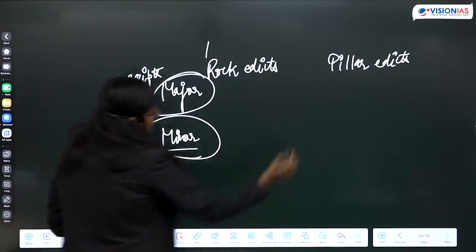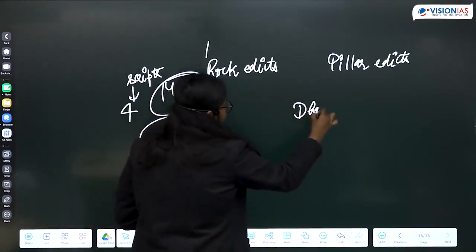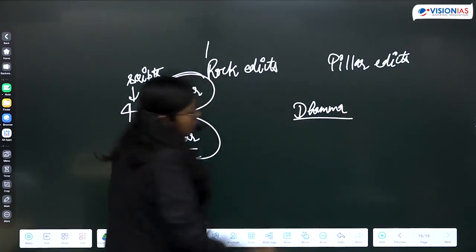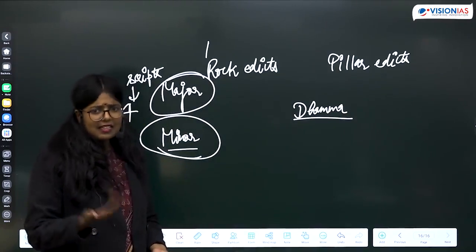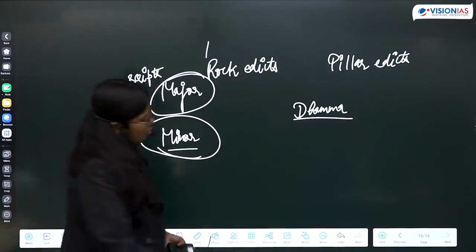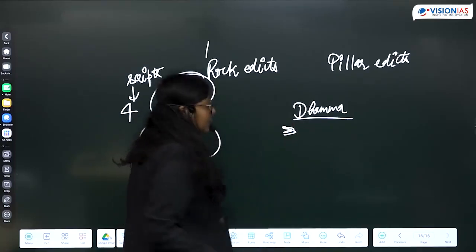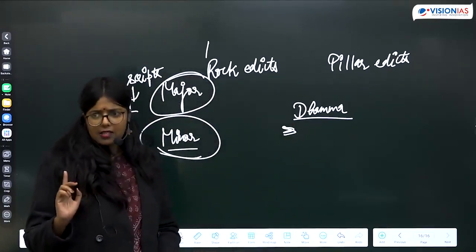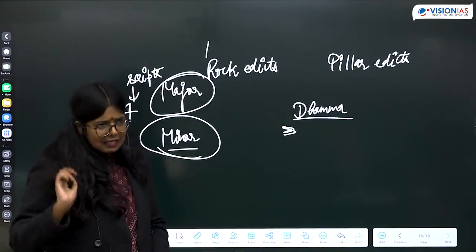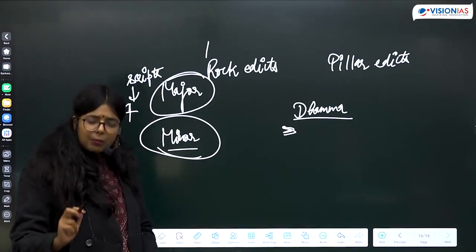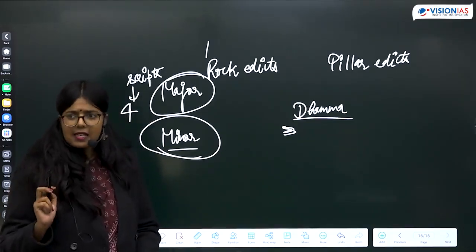So where things are not changing, we'll say idea of Dhamma. What do we mean by idea of Dhamma? Moralities, ethics that he is talking about. When he is talking about morality and ethics, what is he talking about? He is talking about practicing non-violence. He is talking about respecting elders, respecting teachers, respecting people belonging to different religious sects.